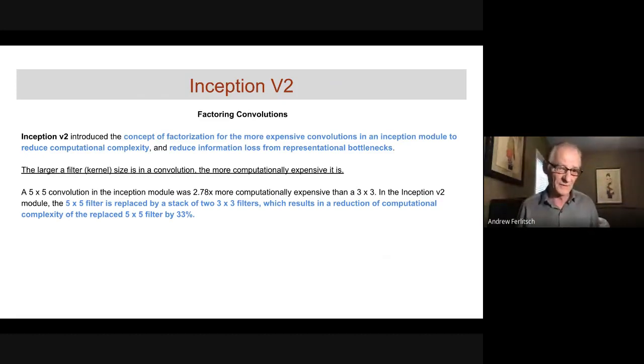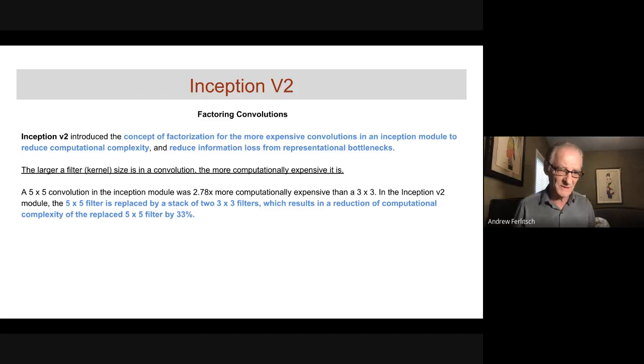As they observed, the larger the filter size in the kernel, the more computationally expensive it is. Take, for example, a 5x5 convolution. That's going to have 25 elements that you use when you do a dot product matrix operation, sometimes called a matmul. Compare that to a 3x3, which is going to be 9. That makes the 5x5 2.78 times more computationally expensive than a 3x3.